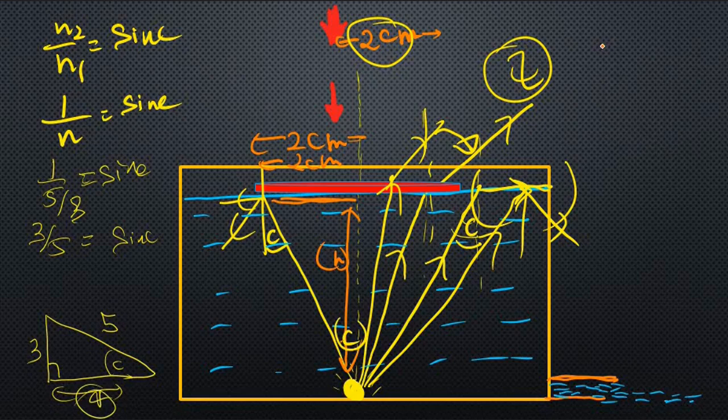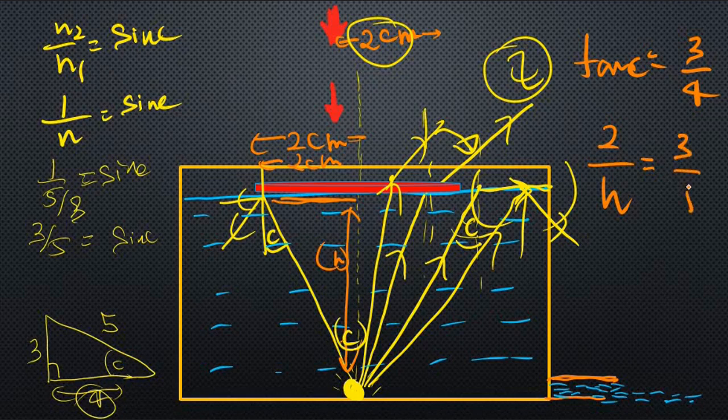Now we have tan C, that is 3 over 4. Here tan C is 2 centimeters divided by this height h. So 2 divided by h equals tan C, and the tan C value is 3 by 4. Making h the subject, h equals 8 divided by 3.